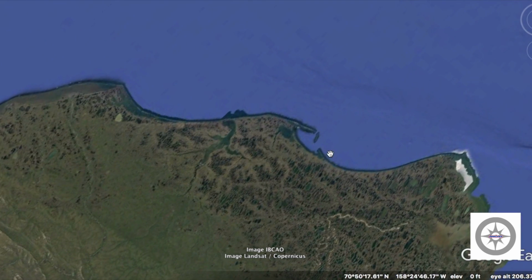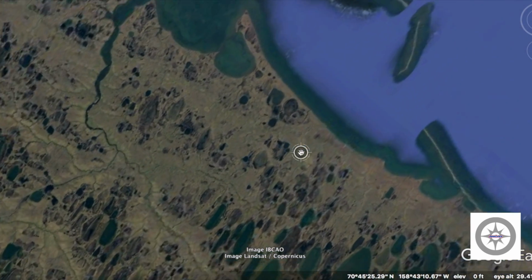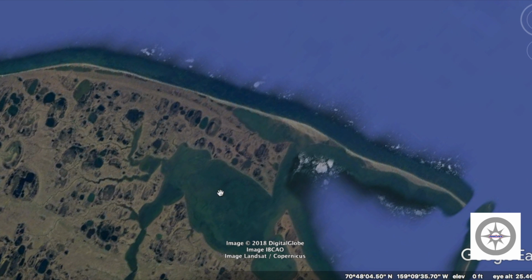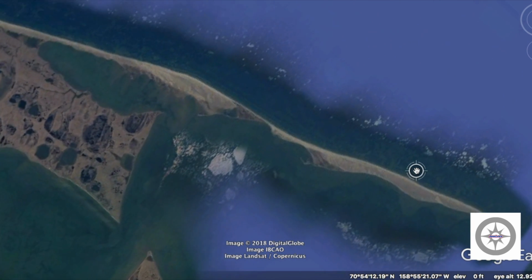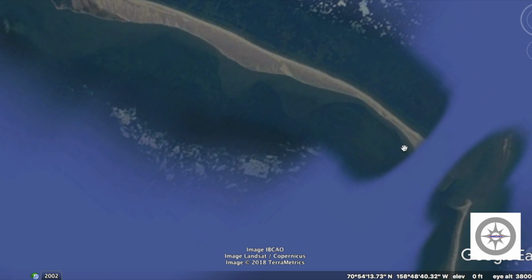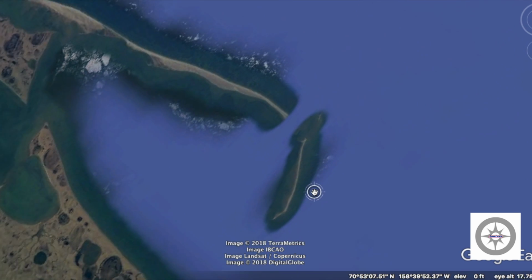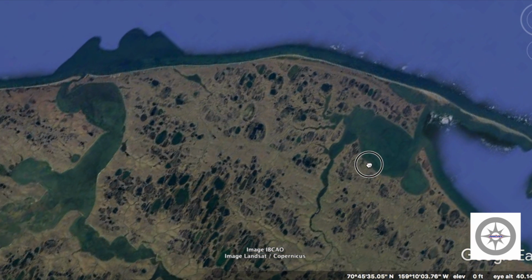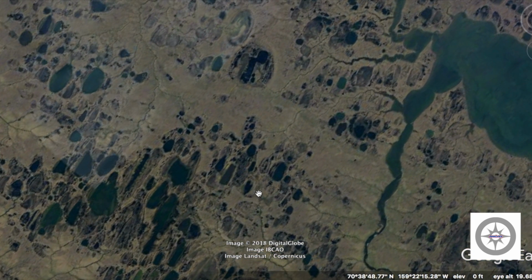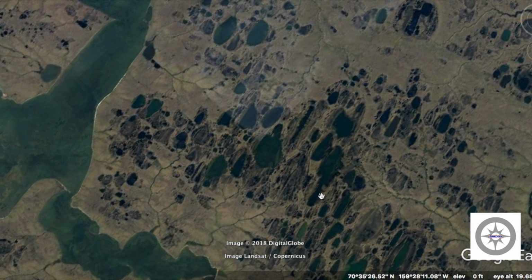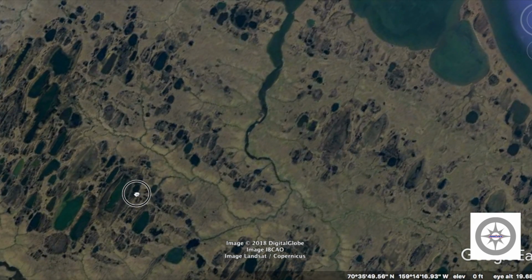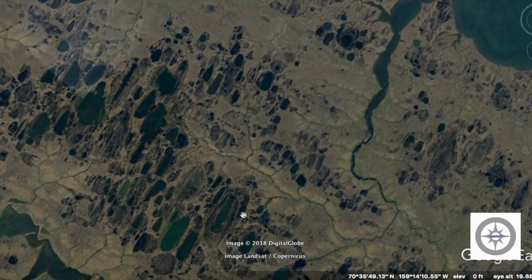But everywhere. Artificial. Who built these coastlines? And you can absolutely see a devastation. I mean, to me it's pretty clear.